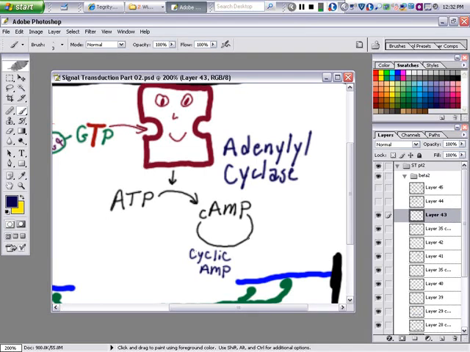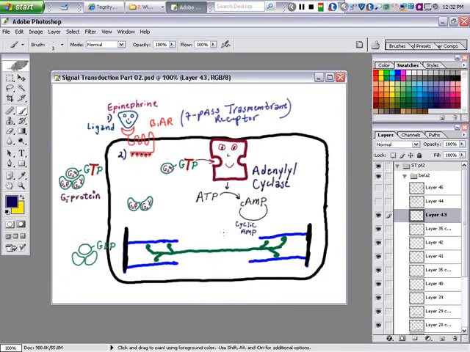Okay, so when scientists first started looking at epinephrine, they would take a heart or a heart cell or even a heart, and they would drop epinephrine onto that heart, or they would inject that heart with epinephrine, and then the heart would start beating more strongly and it would start beating faster.